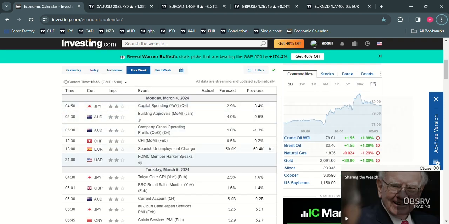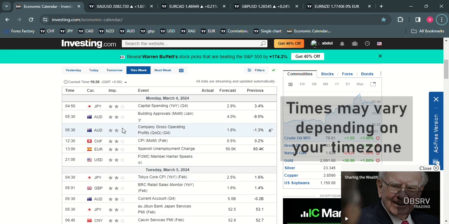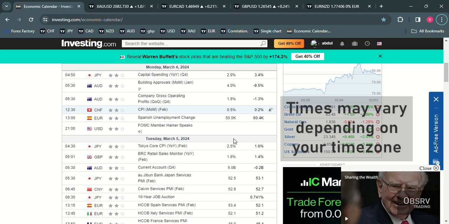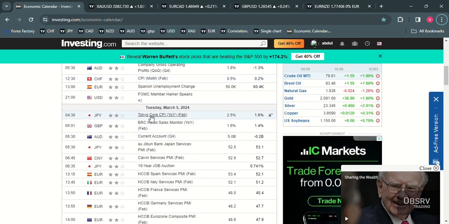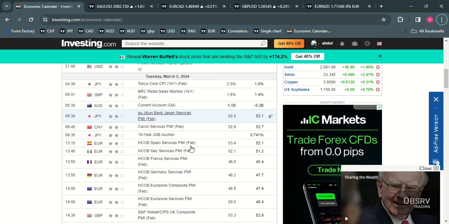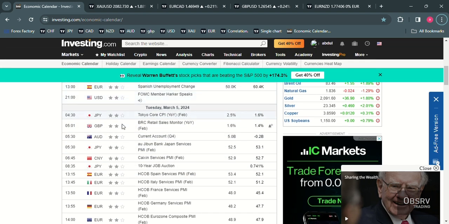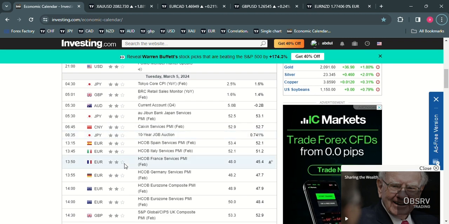So Monday there is not a lot of stuff happening. I mean, you can see that there are medium impact news events all throughout Monday, and not a lot of them either. So you move on to Tuesday. There's Tokyo Core CPI. Then you have a bit of news during Asia, but all of that is medium impact news. It could move the markets.